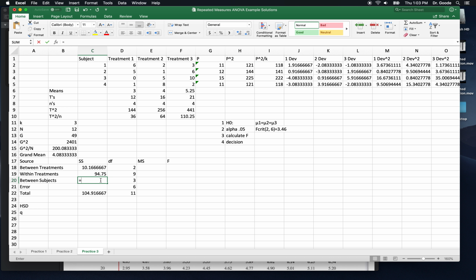And now we can get between subjects, which is the sum of p squared over k minus our friend g squared over big N. Now we can get error by subtraction because, I made an error. And how do I know I've made an error here? It's because between subjects has to be smaller than within treatments. So let's go back and see what happened here.